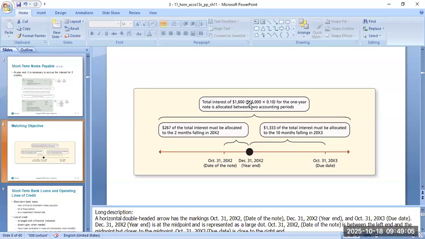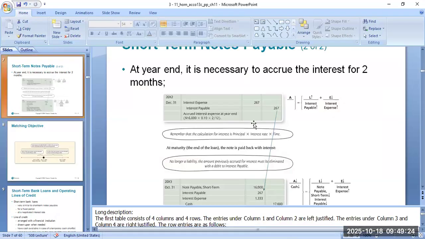So the $1,600 that we owe for the entire year, we're going to split. One part will be from the date of the borrowing up to the reporting date, and the second part will be from the reporting date up to the payment date. Then that's going to reflect our journal entries.